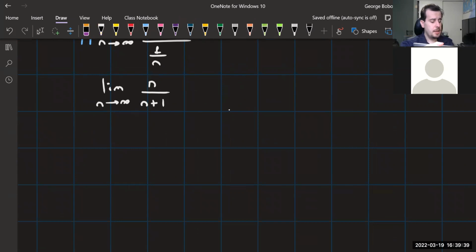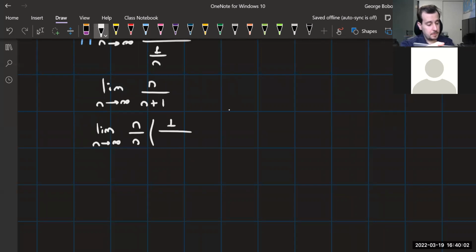When I see this, you know what I do here, Kelly? I pull the largest factor of n outside both numerator and denominator. So I pull outside right now this. What is there going to be left inside? 1 over 1 plus 1 over n.